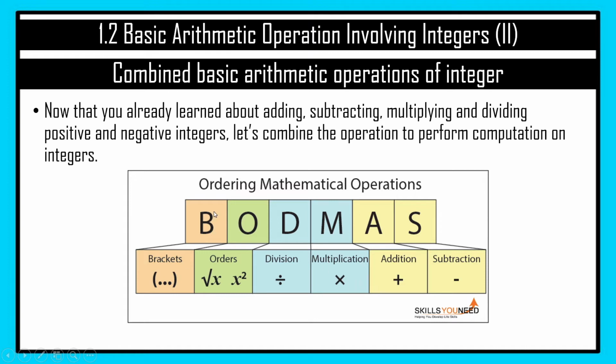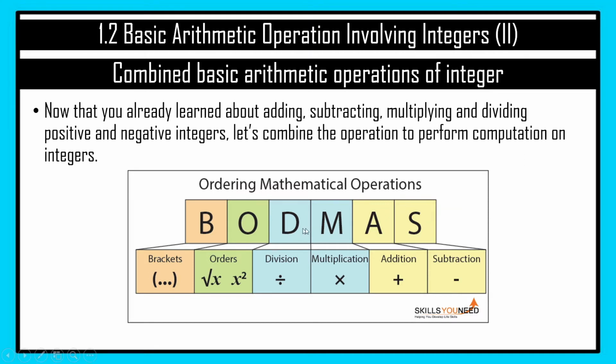The first one is B, bracket. We are going to do any operation that is happening inside the bracket first. Solve that one first. Next we are going to move to order. For now we are going to skip this one, and you are going to see this order when we go further into our Form 1 mathematics.